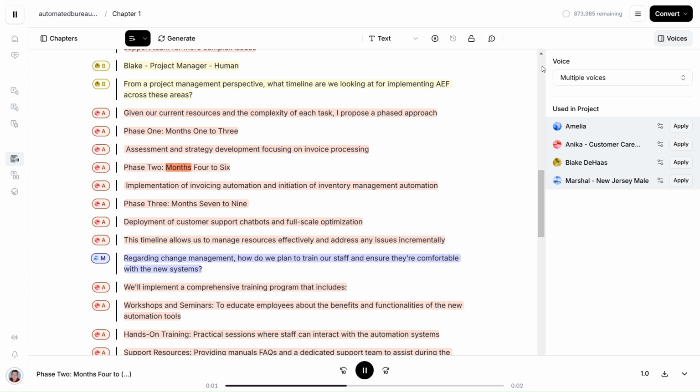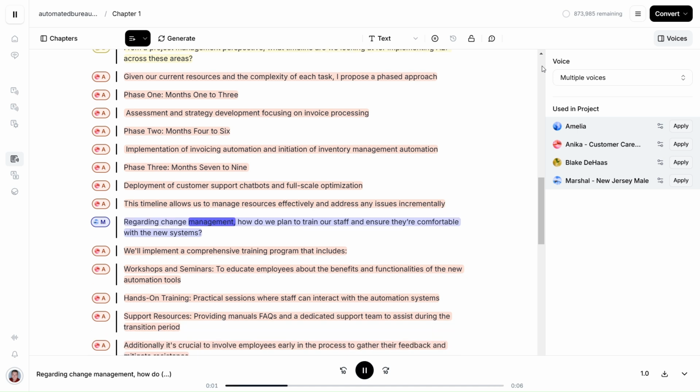Phase 2, months 4 to 6: Implementation of invoicing automation and initiation of inventory management automation. Phase 3, months 7 to 9: Deployment of customer support chatbots and full-scale optimization. This timeline allows us to manage resources effectively and address any issues incrementally.